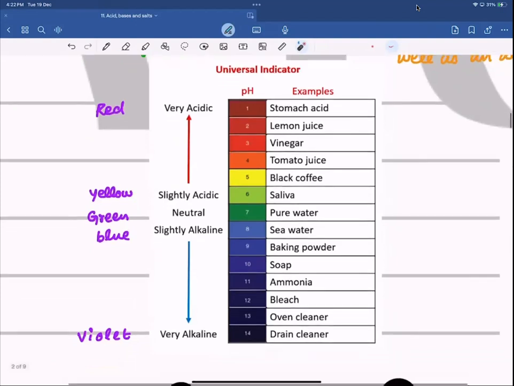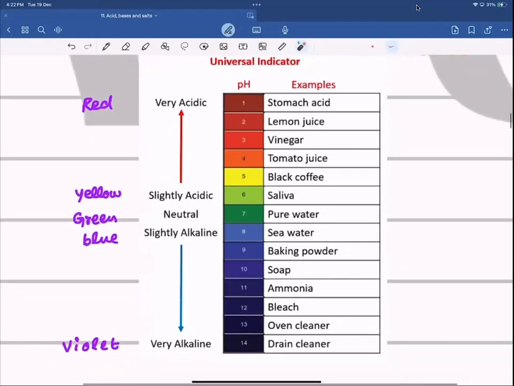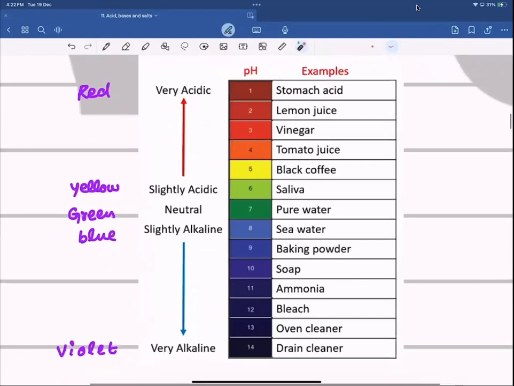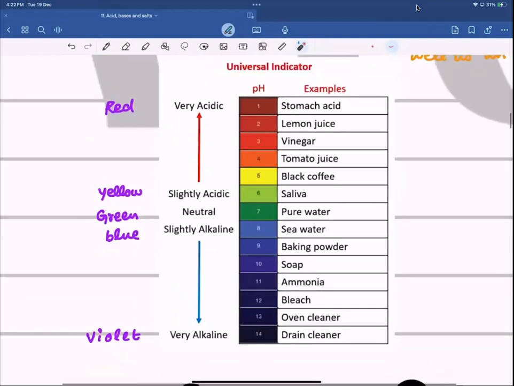Okay. So an indicator is the substance which changes color, and its color will help us identify the nature of the substance. If we mix universal indicator with a substance and its color changes to red, then it means the solution is a strong acid.